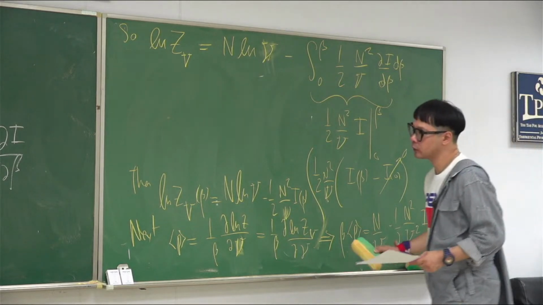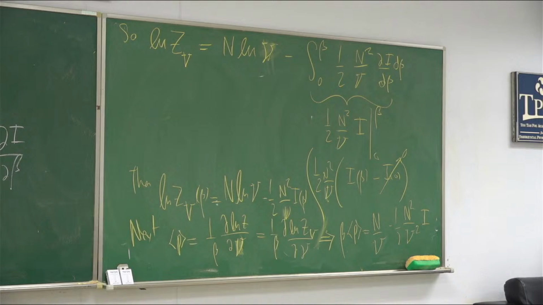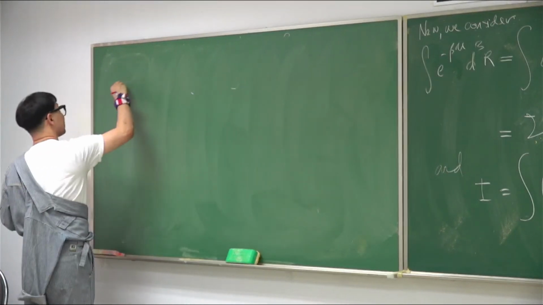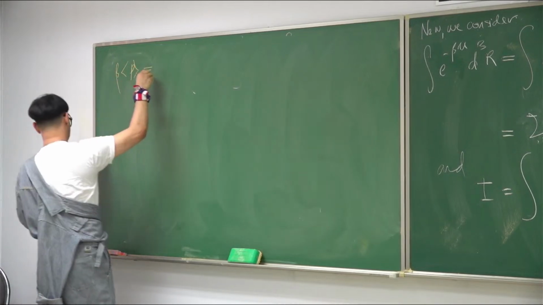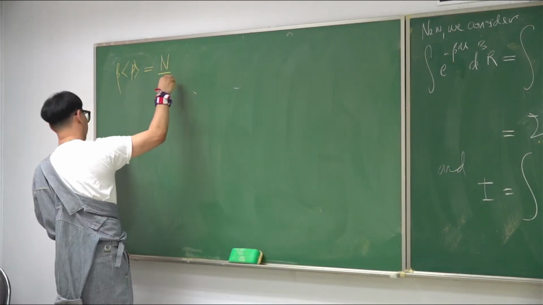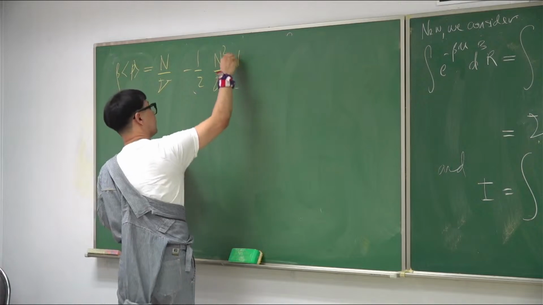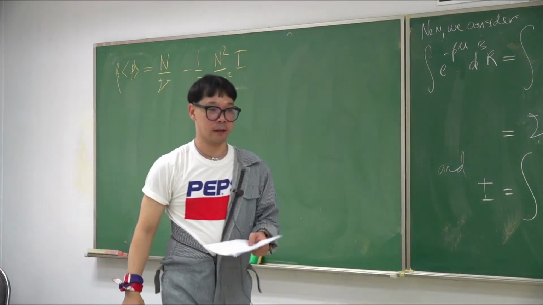It's not difficult to see what you're going to get. So let me write down the result again. And over V n square, right? This is what we have here, right?